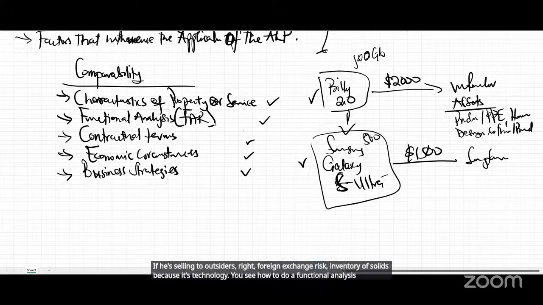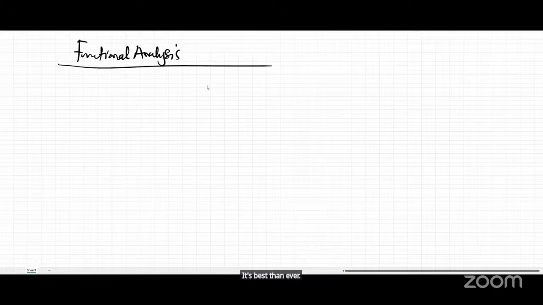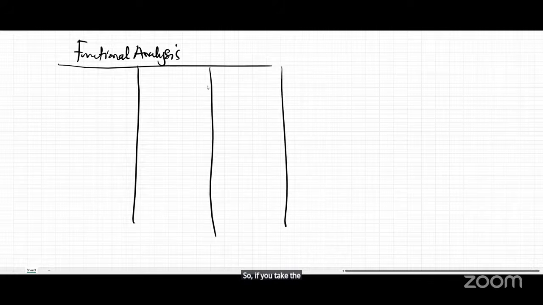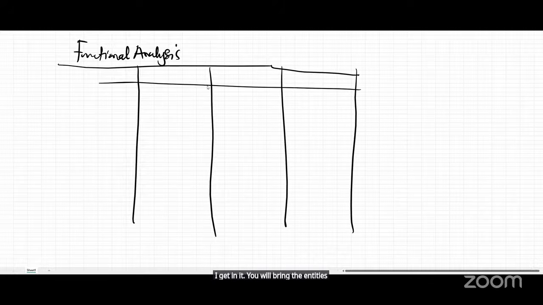And in your exam, it's best done in a tabular form. What did I say? It's best done in a tabular form. So if you take the entities, are you getting it? You will bring the entities, write their names.